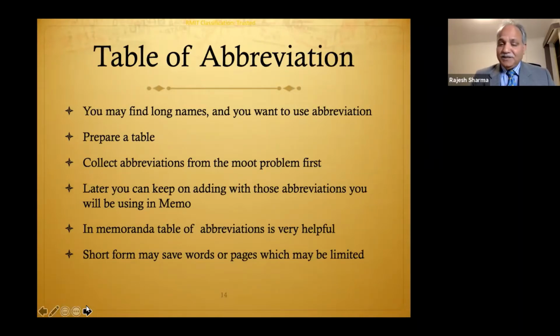While you are doing it, we also need to prepare a table of abbreviations, because if you look at the moot problem, they have some 2-letter words and 3-letter words that are abbreviated. It has a different meaning. Even if you don't know, no problem, but take down those abbreviations.